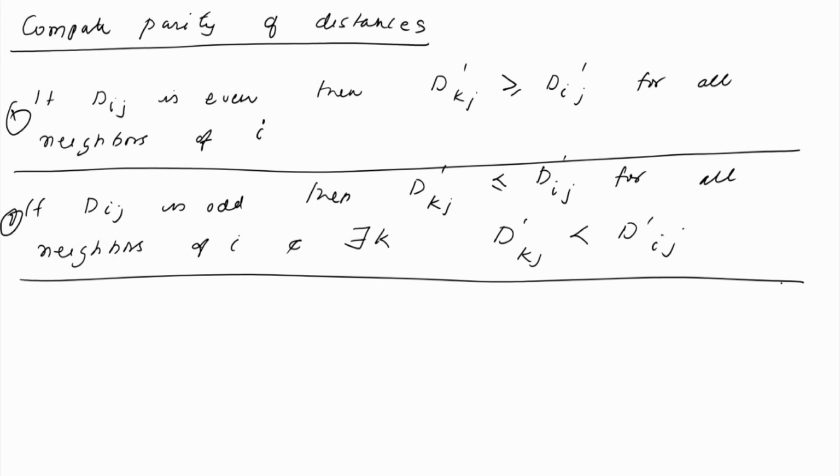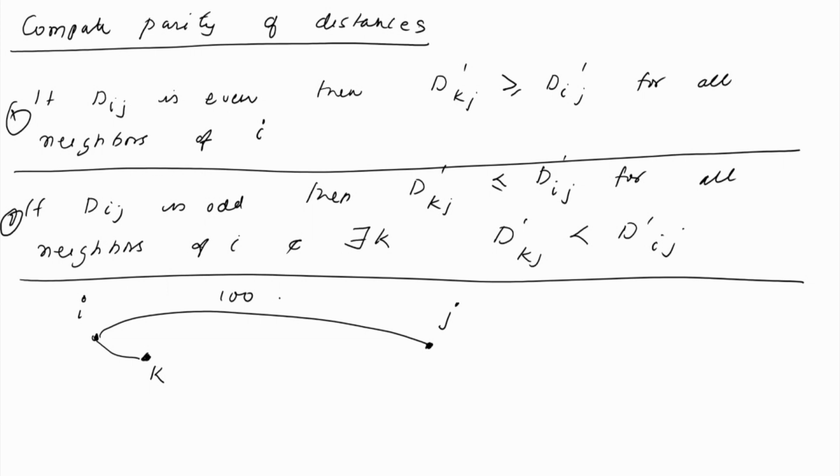Let us first consider the case where dij is even. The shortest path from i to j is of even length. If you look at the shortest path from k to j, it is either passing through i, in which case surely it is greater than or equal to, or it is a path of odd length.